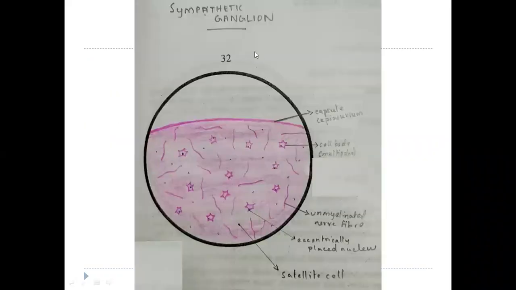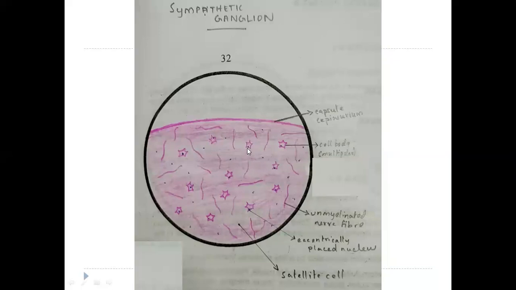So when you're drawing the sympathetic ganglion as well, this is the capsule or the epineurium continuation. And when you're drawing the neurons, draw them irregular or star-shaped. And remember, the size of these neurons should be smaller as compared to the size of the pseudo-unipolar neuron.